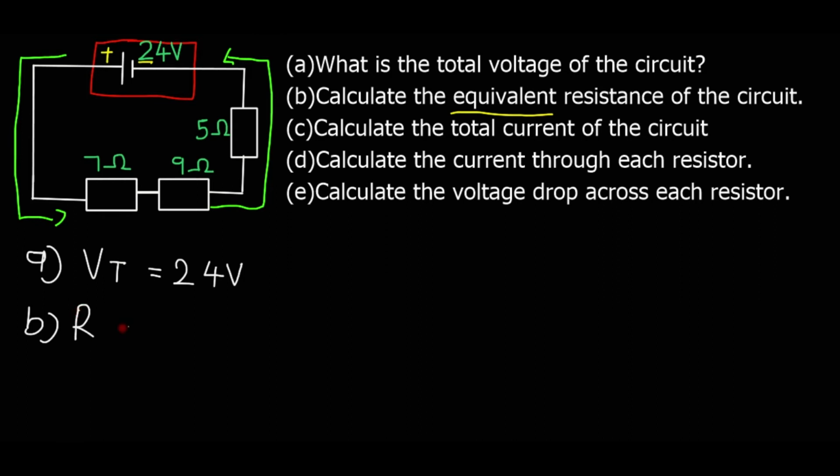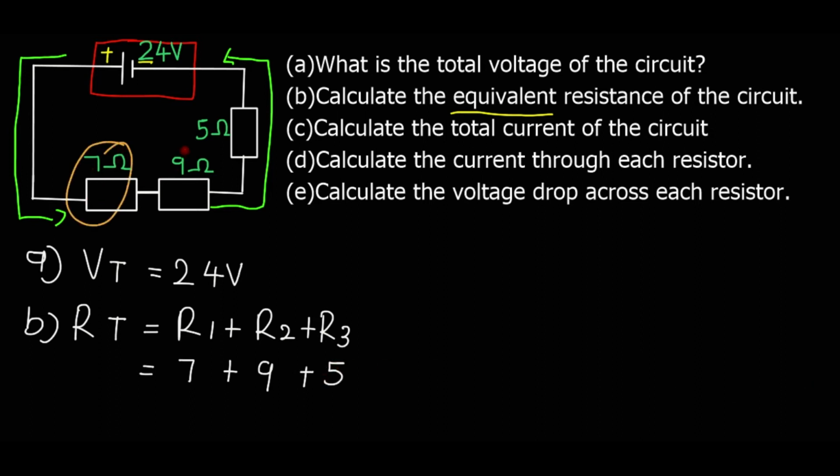Because this is a series connection, we know that R total is equal to R1 plus R2 plus R3, because we have three resistors. We have 7, then 9, and then 5, because it's this resistor, and this resistor. 7 plus 9 is 16, and then plus 5 is 21.